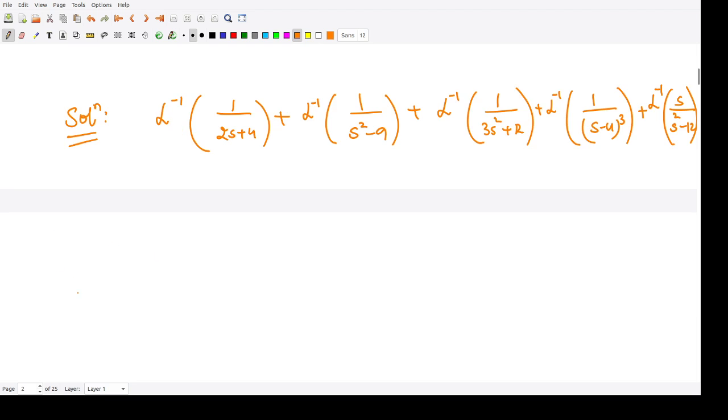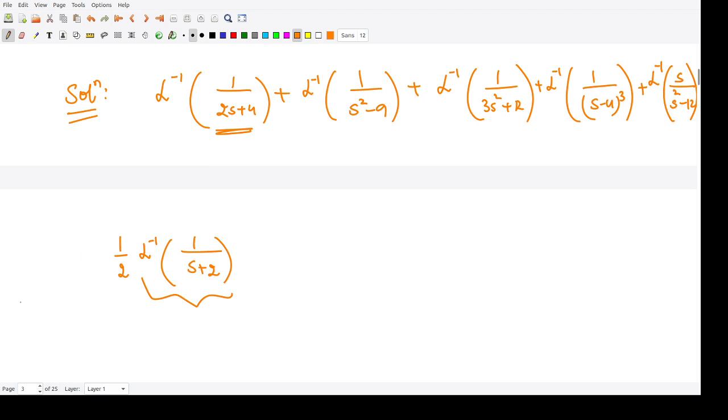So next we have, what is the Laplace inverse of this quantity? We could take 1 by 2 outside, so it would be 1 by 2 Laplace inverse of 1 divided by (s plus 2). Now what is the Laplace inverse of this quantity?